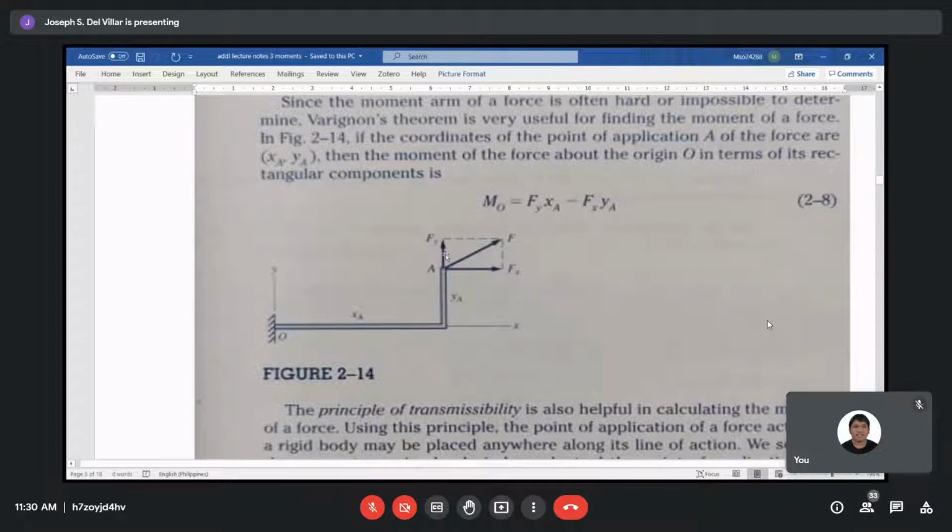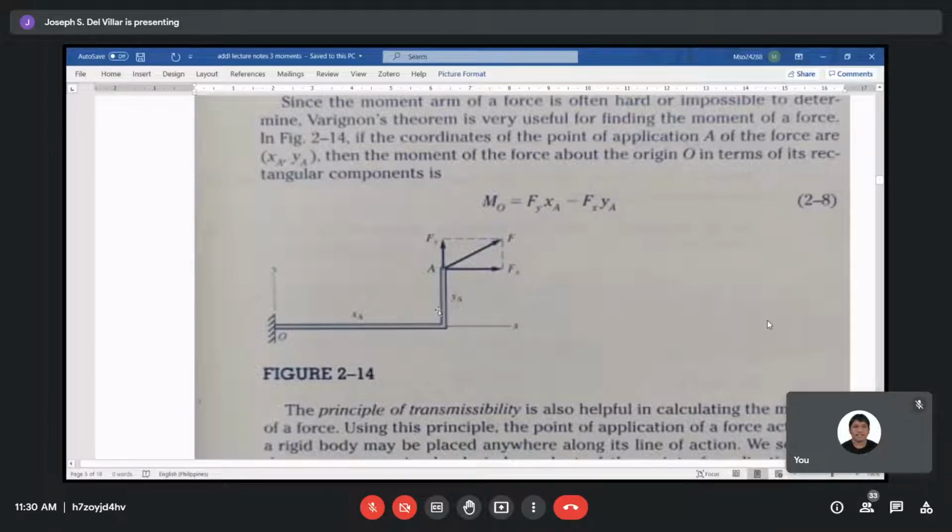Extend mo to dito. O, ito ang kanyang moment arm, si XA. Si XA times Fy, kasi perpendicular. Si Fx naman times YA, kasi perpendicular sila. Now, in setting the equation, kung ano yung sign convention nyo, unahin nyo yung positive.